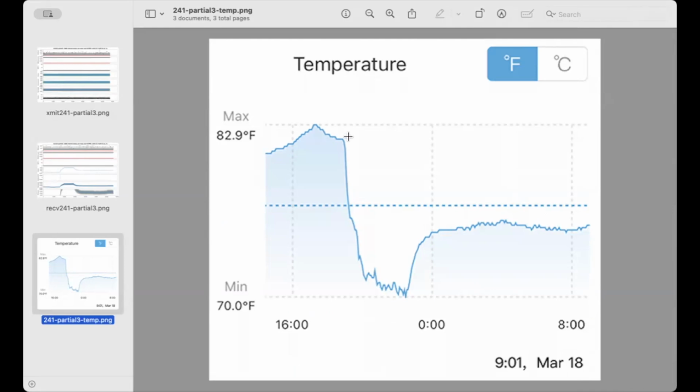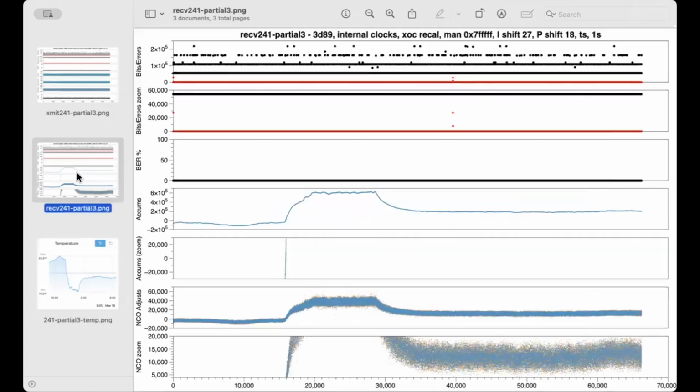And then we opened a window, and it plummeted. It was low for a while while the window stayed open. Then we closed the window, and it built back up to an equilibrium point around here. It was going to start to climb around as it got warmer in the morning. And this is the same shape as the shape of the accumulators and the shape of the NCO adjusts.